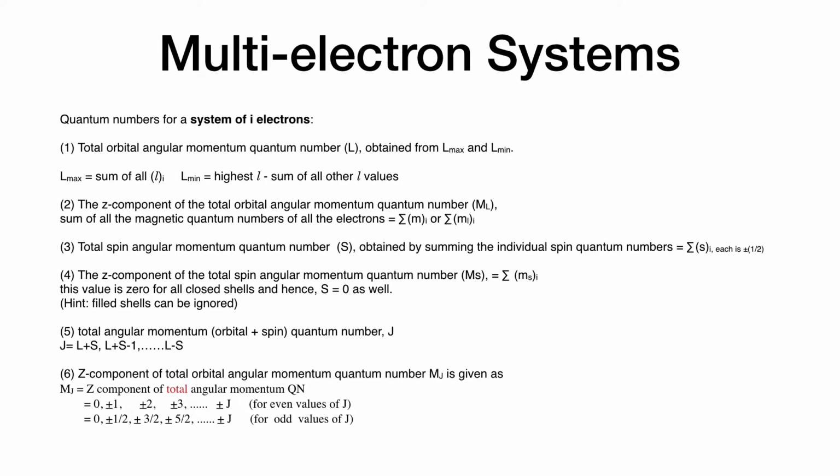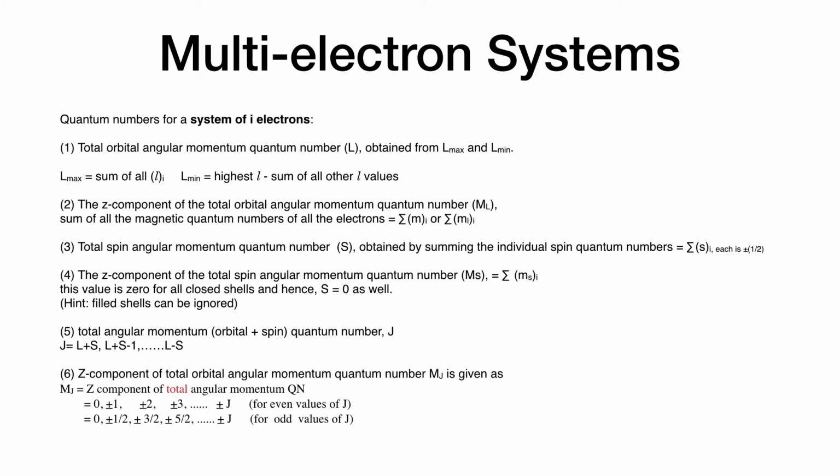And then you have the z component of the total orbital plus spin angular momentum, that is m sub j. And so m sub j is given 0, plus minus 1, plus minus 2, up to plus minus j for even values. And you get plus minus 1 half, plus minus 3 half, plus minus 5 half, etc., until plus minus j for the odd values of j.